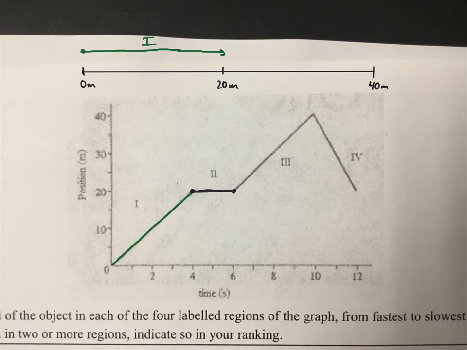It doesn't move. So section 2, it just stays at 20 meters. It stops for 2 seconds. What about section 3? Section 3 goes from 20 to 40. So 3 moves to the right from 20 to 40.